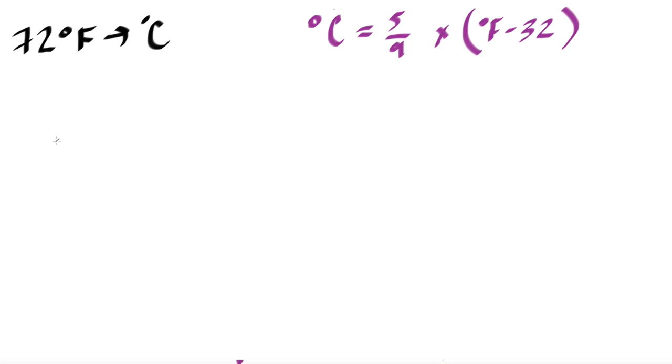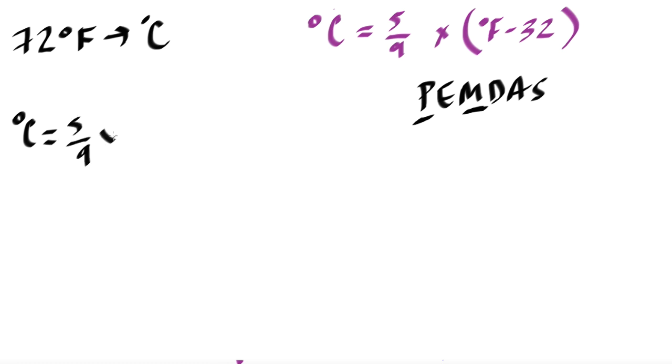PEMDAS again. Please excuse my dear Aunt Sally. We're going to do parentheses first and then multiply. So degrees Celsius is equal to 5/9 times, and let's do what's in those parentheses: 72 minus 32.